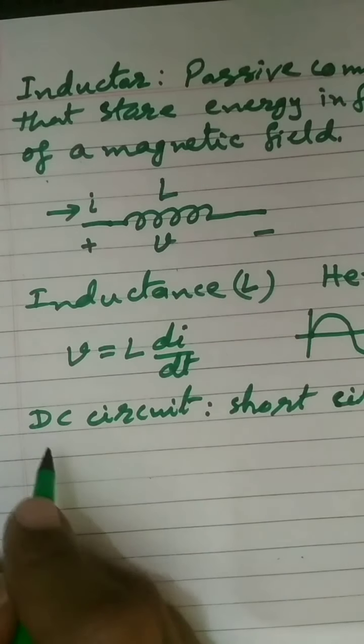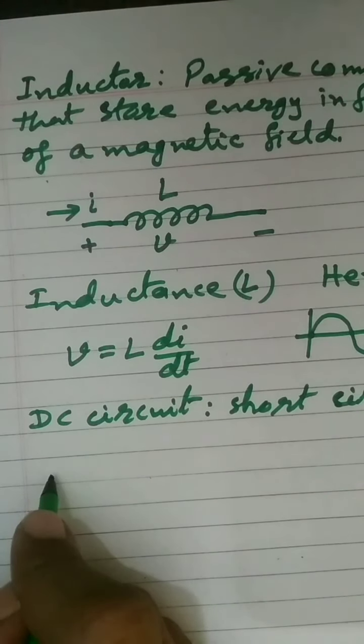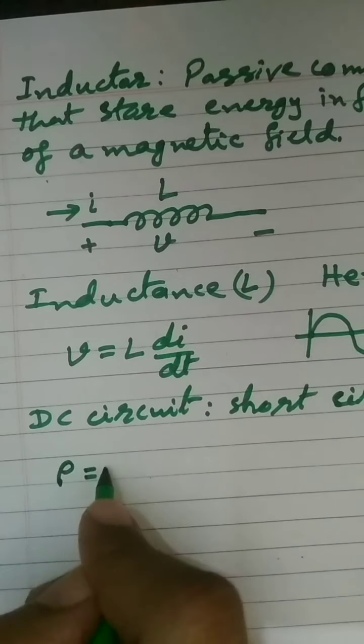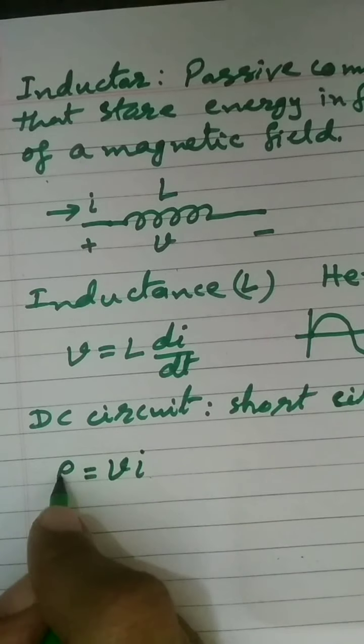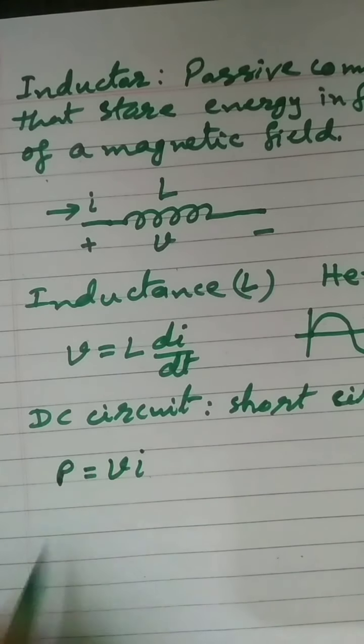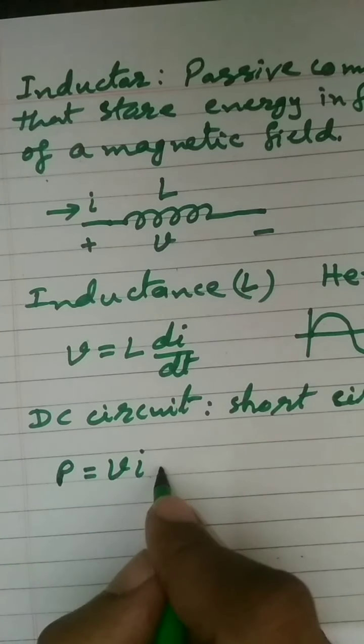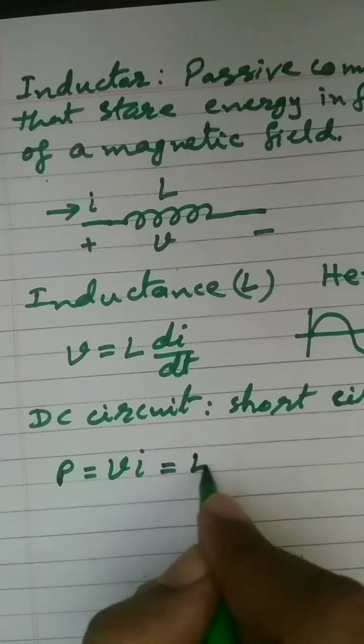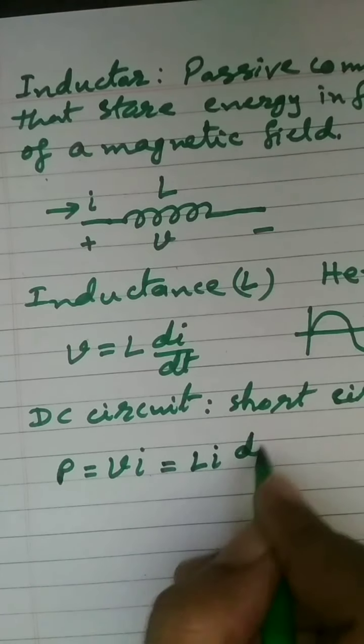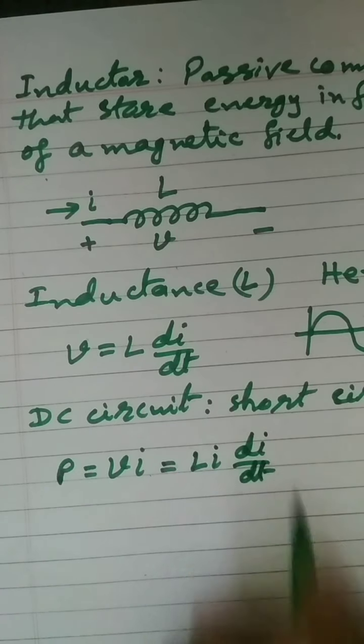The power developed in the inductance can be represented as p is equal to v into i, where small p represents the instantaneous power, and that is the product of instantaneous voltage and current. And it can be written as L i di upon dt.